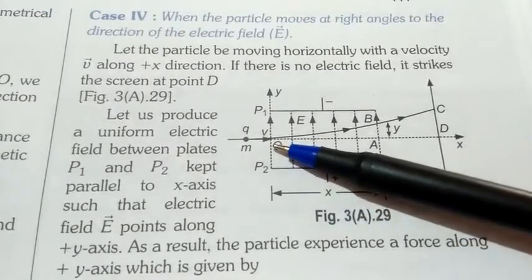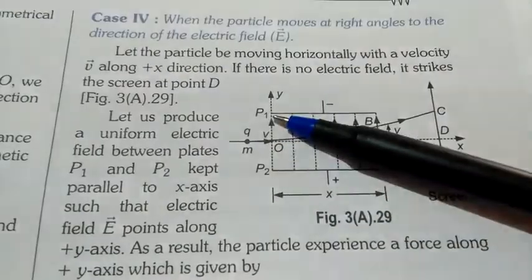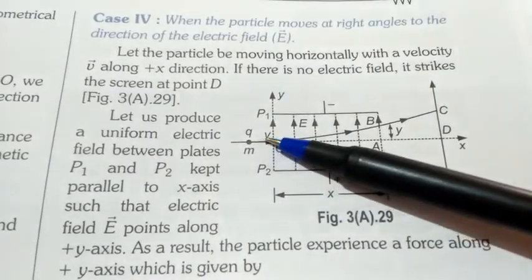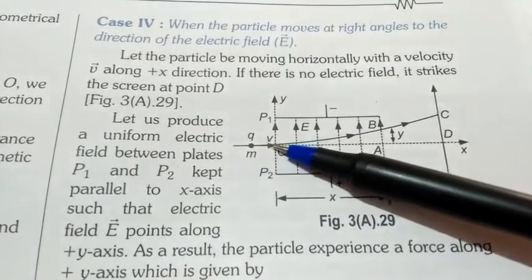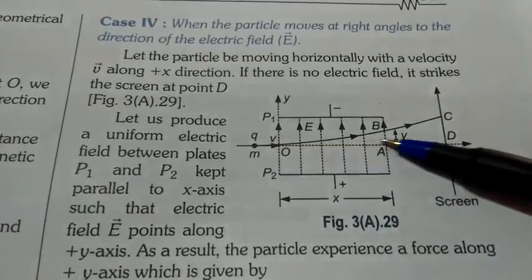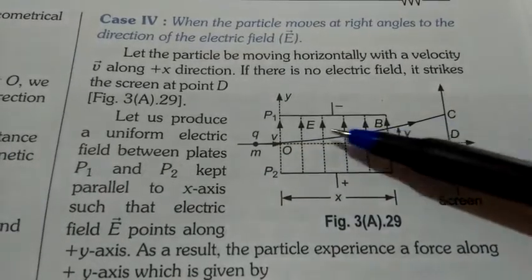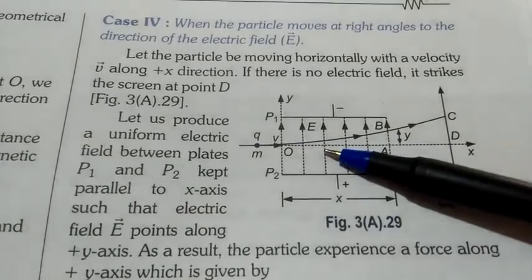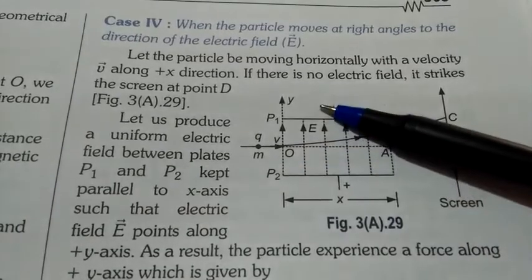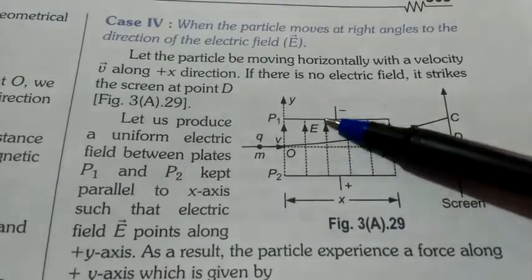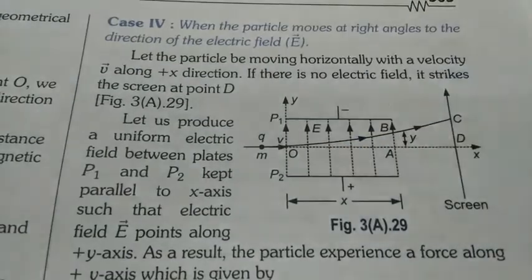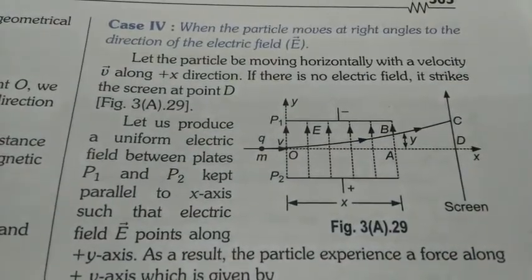tries to move the particle in its own direction. But because the particle has some velocity when it enters the field, the particle wants to move in the forward direction, but the field is attracting it in the vertical direction. So the forward and vertical motions act on the particle simultaneously.